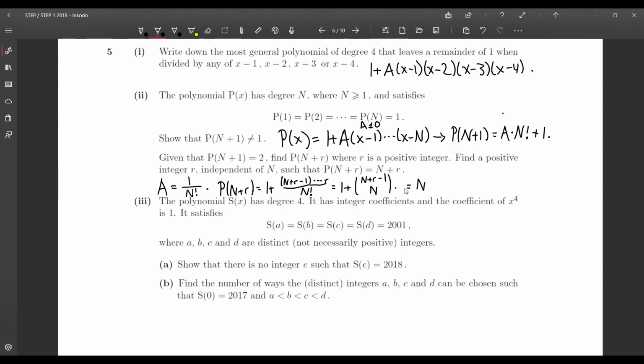This is equal to n. Now, this binomial coefficient is symmetric, so we can read it like this.